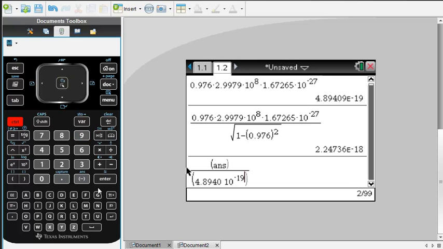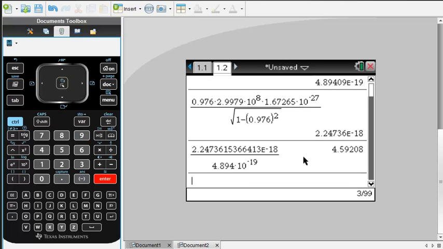Okay, and it's going to give us a factor of 4.6 roughly.